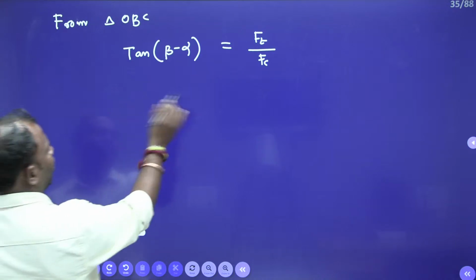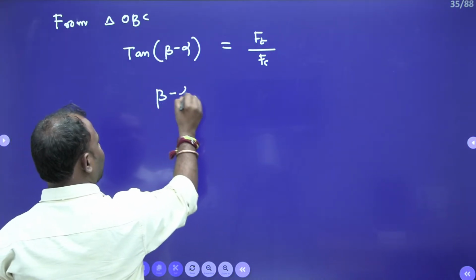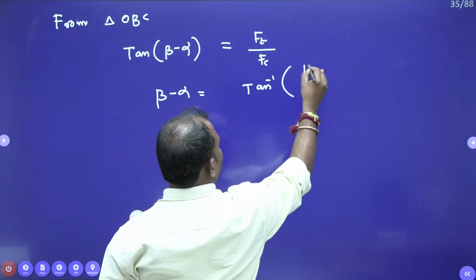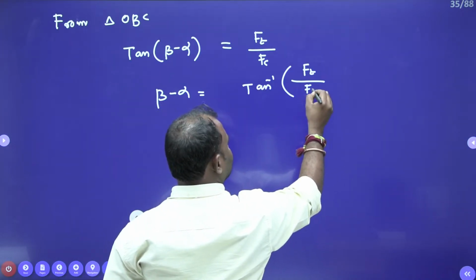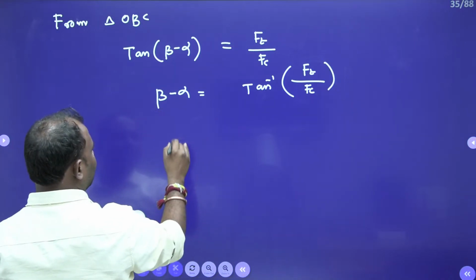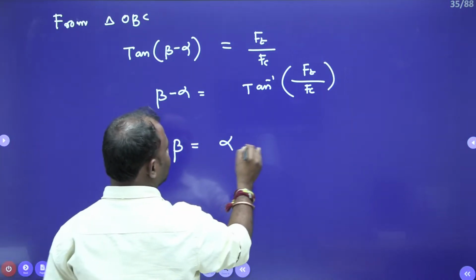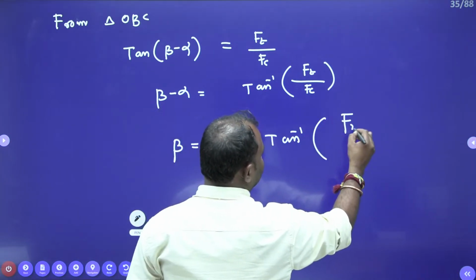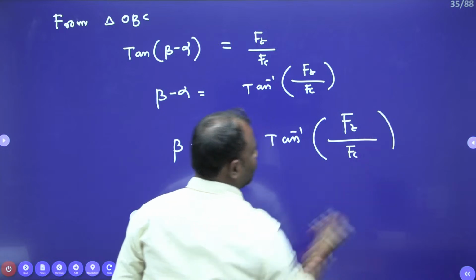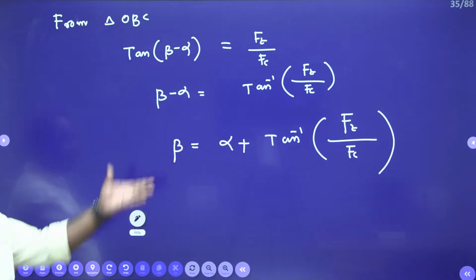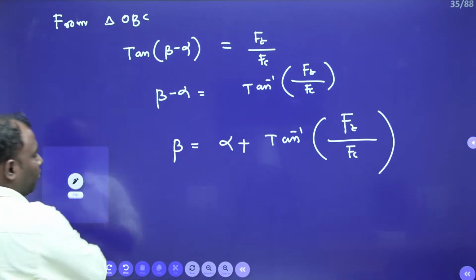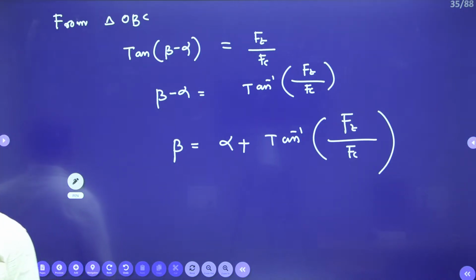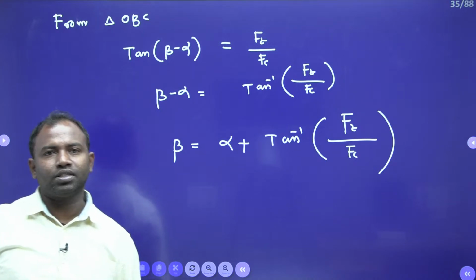Now from here, how can I write? My beta minus alpha is equal to tan inverse of Ft by Fc. Now my beta is equal to alpha plus tan inverse of Ft divided by Fc, I can write. Yes, guys. So from here I can get beta. Once I get beta and alpha and phi, I can find any kind of things. Hope you understand, guys. So have a look on this once.